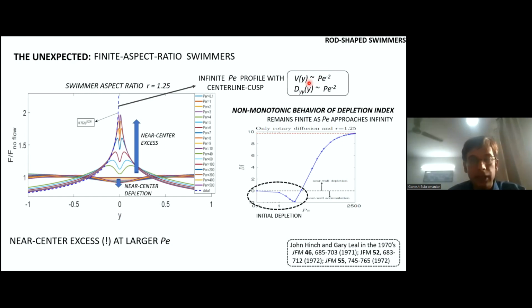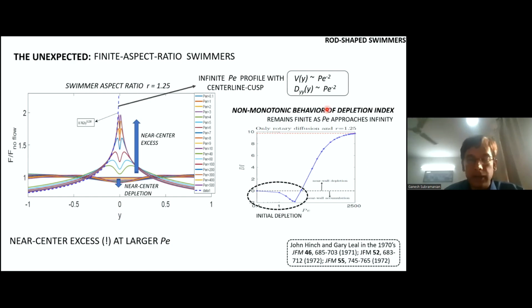Now, these scalings, you can in fact anticipate them. I won't go into any detail, but based on work done by John Hinch and Leal in the 1970s with regard to the orientation dynamics of anisotropic particles, it turns out that they have a non-trivial consequence for active particles.